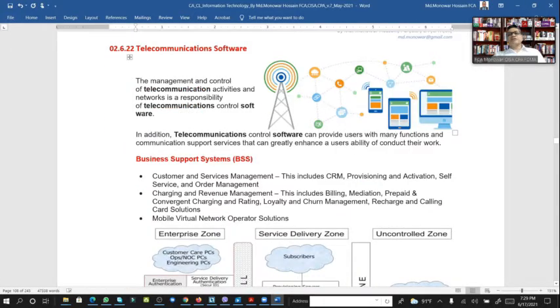And telecommunication software. The management and control of telecommunication activity and networks is the responsibility of telecommunication control software. In addition, telecommunication control software can provide users with many functions and communication support services that can greatly enhance a user's ability to conduct their work.